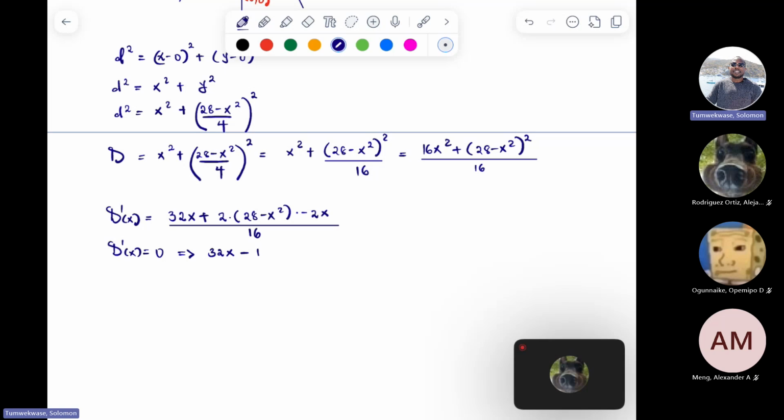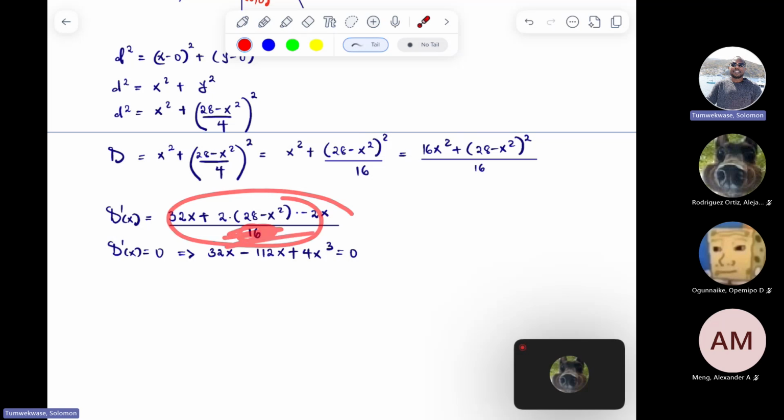So minus 112x, then plus negative times negative, that is a plus 4x cubed. Negative 2 times 2, then times x squared times x. Okay. So this guy is equal to 0, because when I equate this to 0, the 16 will go away. That is why I'm just writing this guy here.